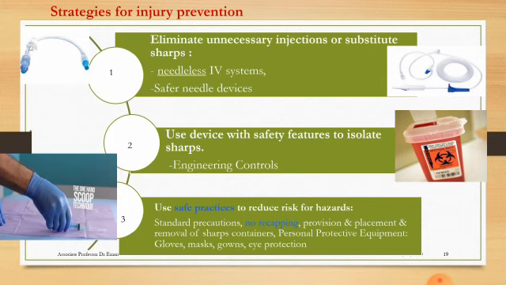The third strategy is the use of safe practices to reduce the risk of hazards. Always be safe when you are using certain practices, to prevent infection. Standard precautions, as we mentioned: no recapping, provision, placement and removal of sharps containers, and personal protective equipment: gloves, masks, gowns, and eye protection.